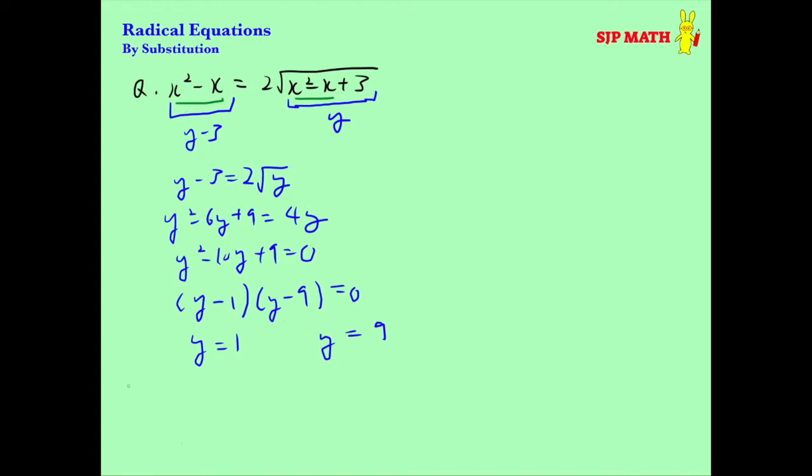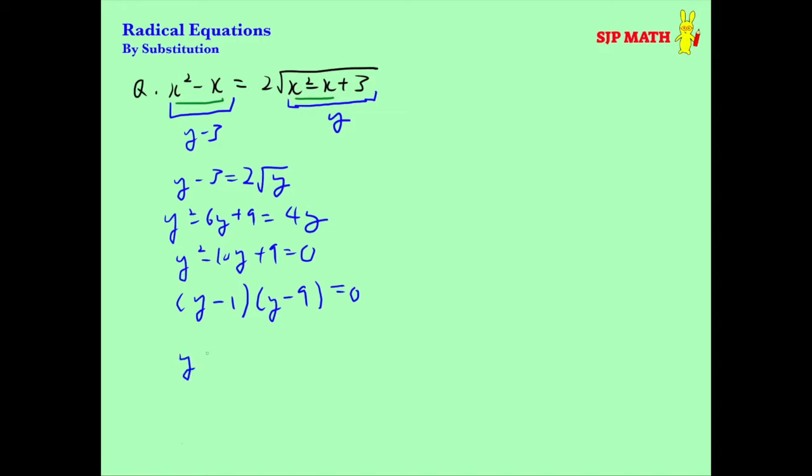So we put x squared minus x plus 3 as y. So y equals x squared minus x plus 3, but y equals 1 or y equals 9. I'll just rearrange this.